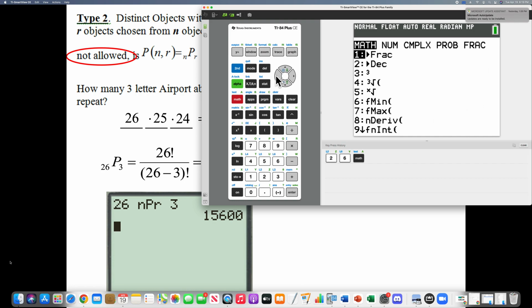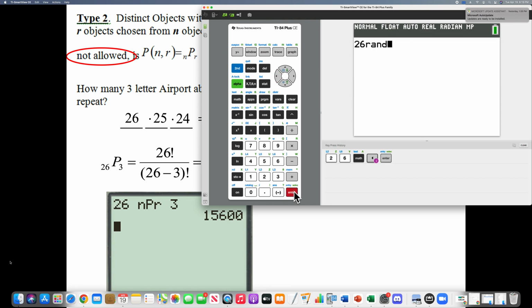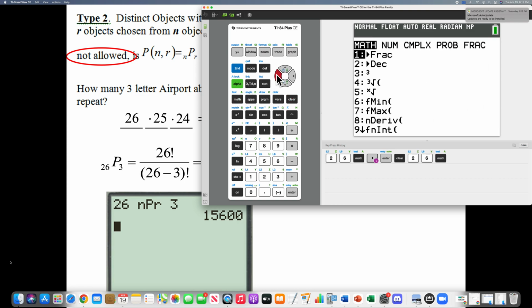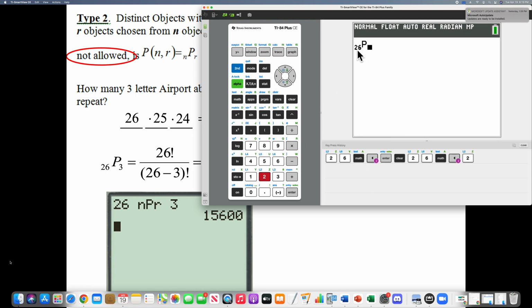Fastest way to get there is just hit the left arrow button twice so it wraps around to fraction and then to probability, and it's choice number 2. There's my nPr. Now with the newer calculator, let me redo that. 26, math, choice number 2, it puts the 26 in the little text box in a subscript position, just like you see here. And then you type in a 3, enter, and there's the 15,600.